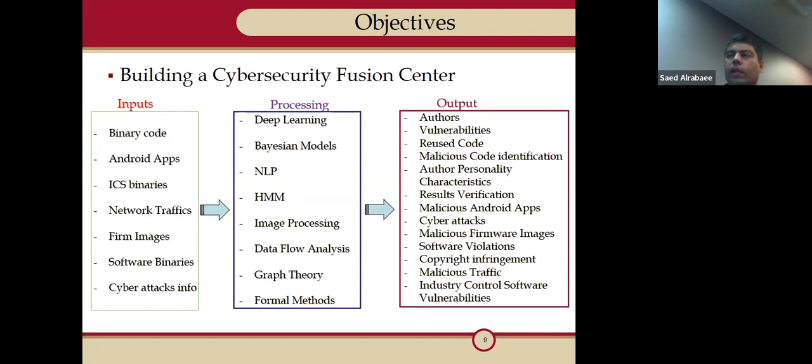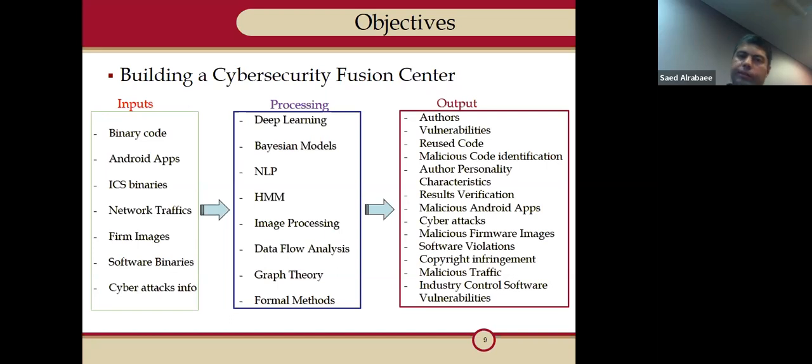Now, for us, when we were thinking about what we need to do in binary code analysis on cybersecurity, we were thinking really about building a cybersecurity fusion center. This center can accept any type of inputs: binary code, Android applications, industrial control system binaries or firmware images, network traffic, darknet, dark web, software binaries, cyber attack information, any inputs related to cybersecurity.